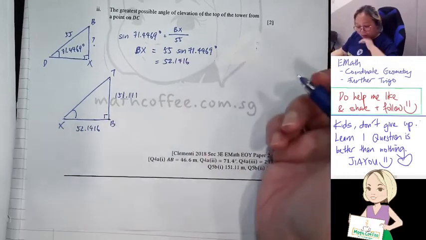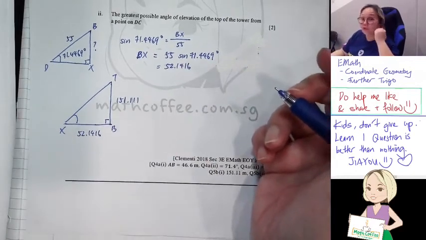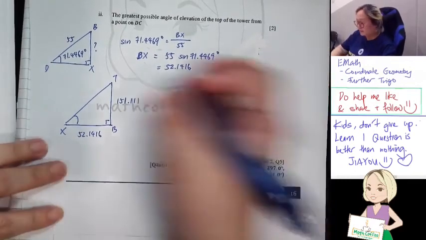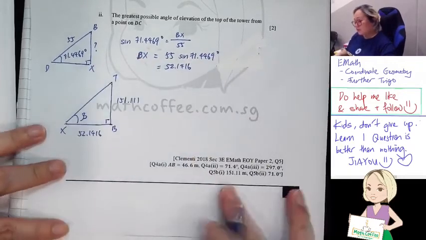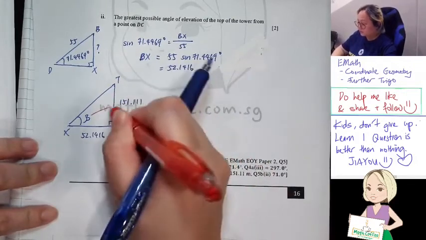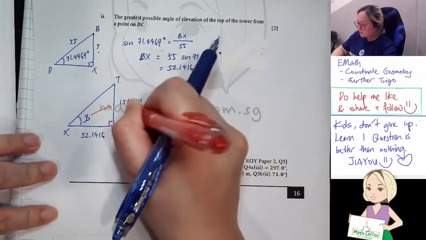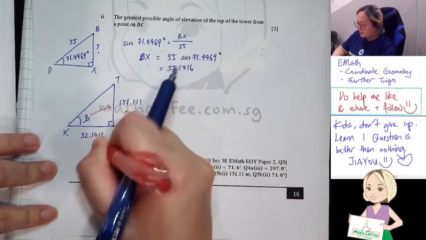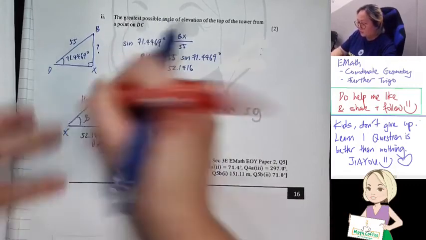Okay, I think I already used theta and alpha. So now I'm going to use beta here. Okay, so to find this, easy again, it is tangent. This is opposite, and this is adjacent.